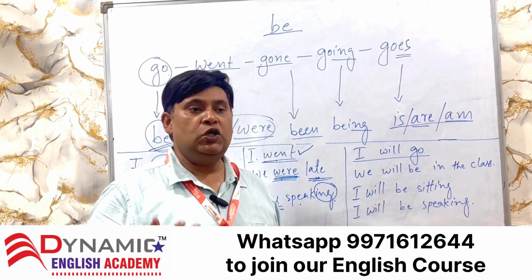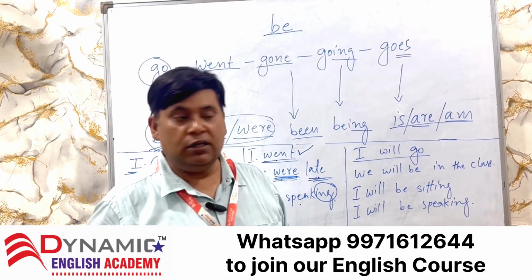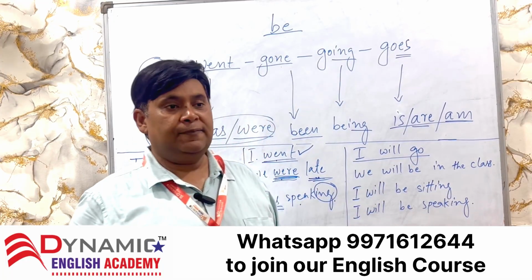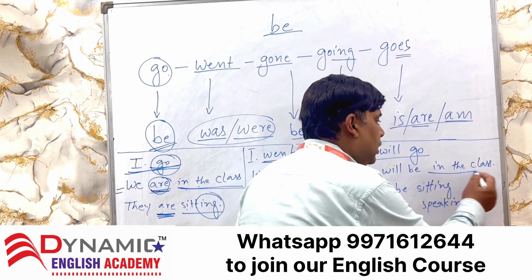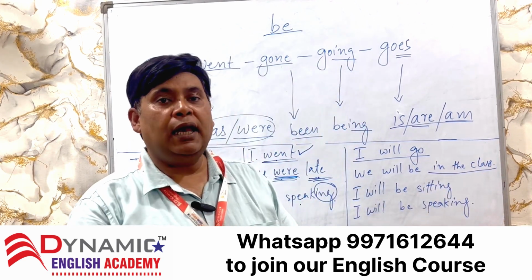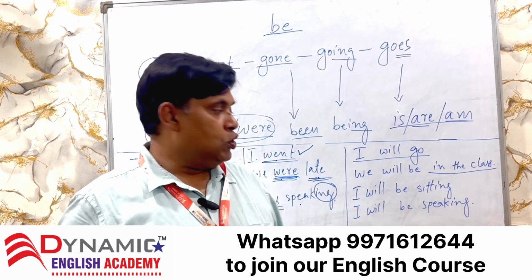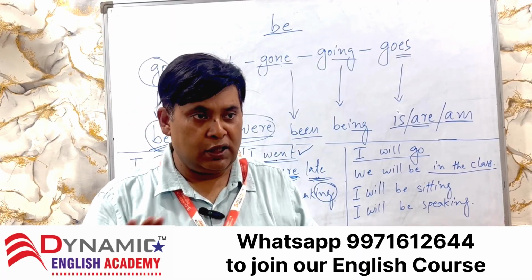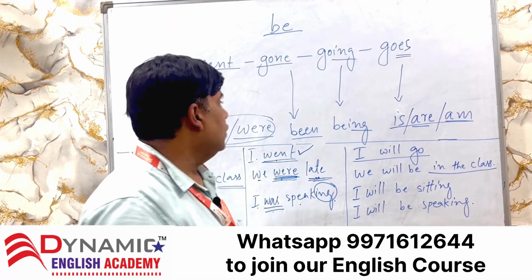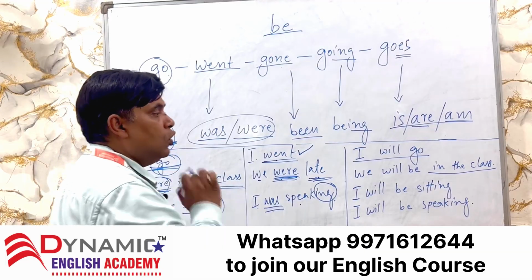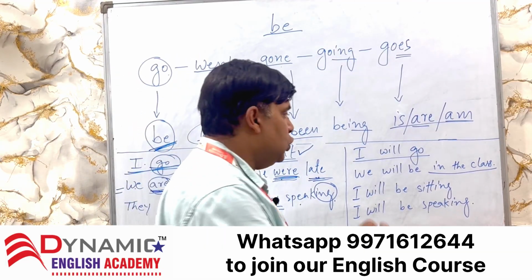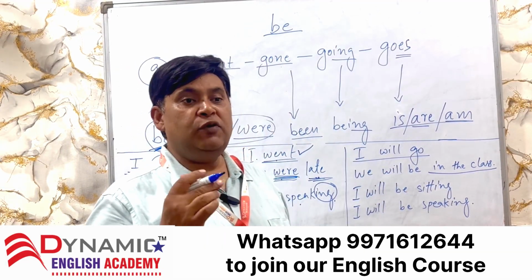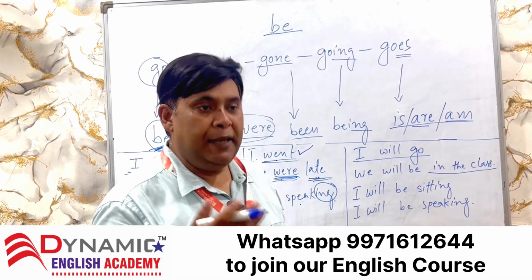But if you want to use it with no action where go is not there, for example, in the class, मैं class में होऊंगा. So here we cannot say I will in the class. It is a wrong sentence. We have to use one form of be, which is the original form of be we use in this sentence. So what we say, I will be in the class.